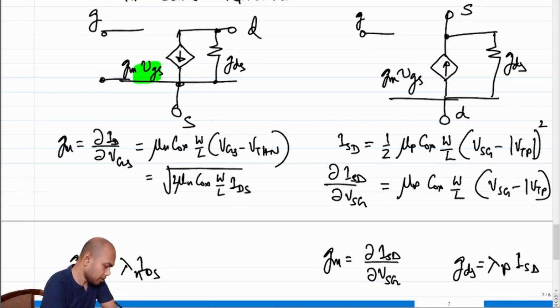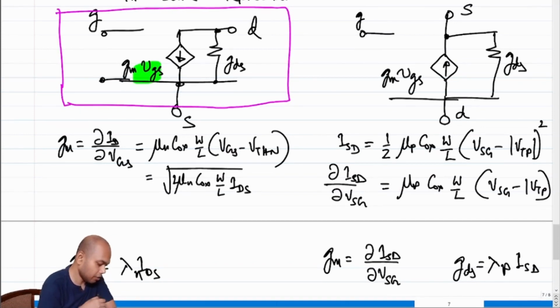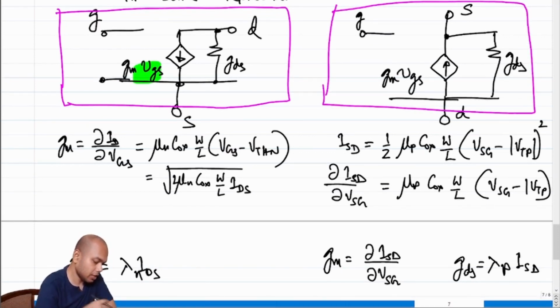So in other words, this becomes our incremental model. This was our incremental model for our NMOSFET. This becomes our incremental model for the p-MOSFET, right? So note that there is a stark similarity between these two models, because as far as the incremental picture is concerned, we really don't care whether this is an NMOSFET or a p-MOSFET, because in the incremental sense everything is a linearized small signal equivalent of voltage controlled current sources and resistors and so on, right?